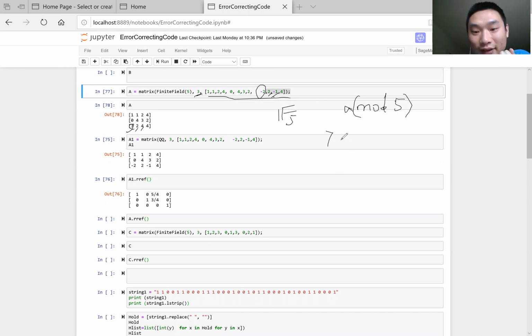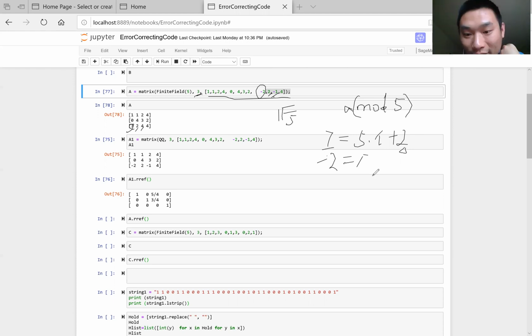Okay, then 7 is 5 times 1 plus 2, right? So you're basically doing division with remainders. Okay, then 7 should be represented as a 2. Similarly, if I have negative 2, then that is 5 times negative 1 plus 3, right?